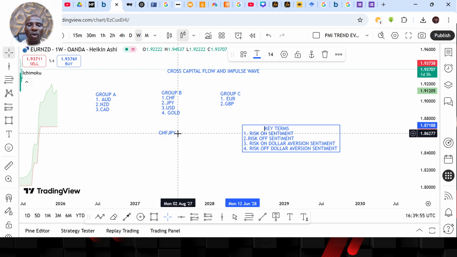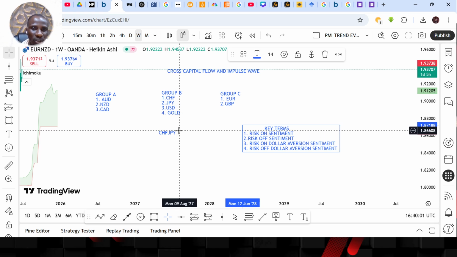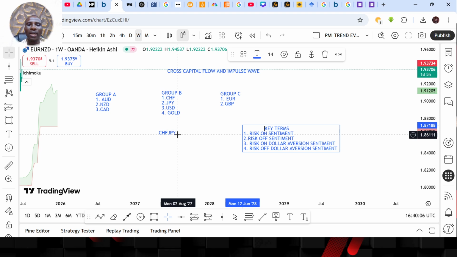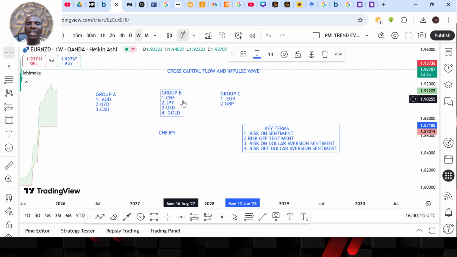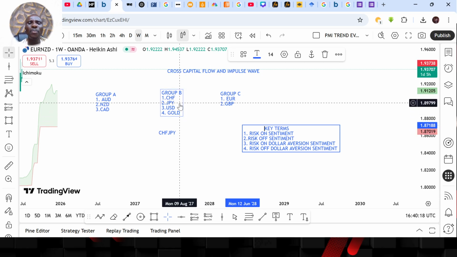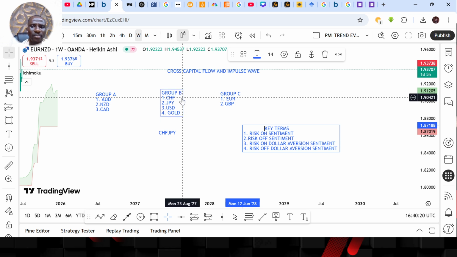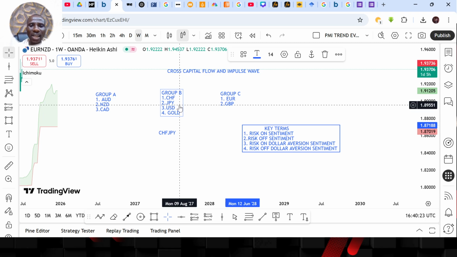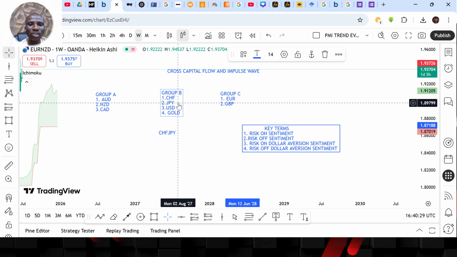Now, I want to give you an idea of how you pick currencies so that you will ensure that you have cross capital flow, because that is what will guarantee that you have the required or the expected impulse wave. In a risk-on environment, let me quickly say this, the likelihood that capital will be flowing away from the safe haven is very high. Safe haven currencies are currencies, or economies, that investors consider to be stable.